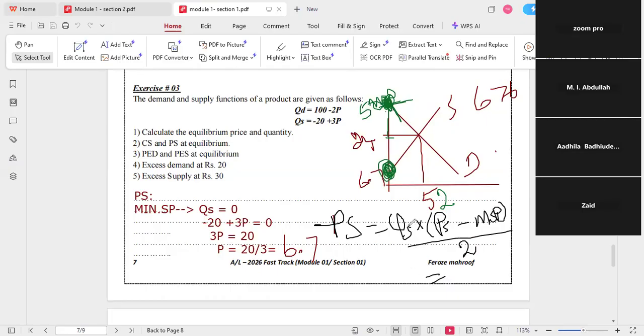Then see, QS is 52, seller's price 24, minimum supply price 6.7.